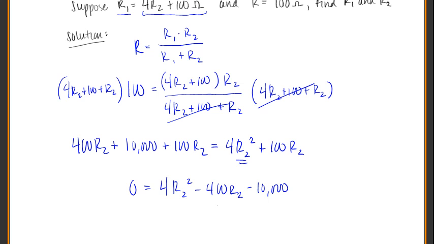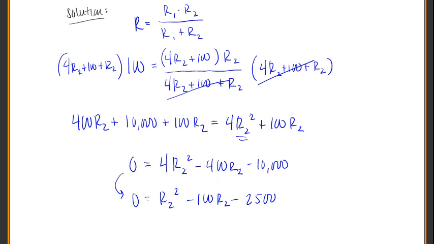Okay, so let's finish solving this out. Let's shrink it down, divide everything through by 4. So we'll get R2 squared minus 100 R2, and then minus a fourth of 10,000 would be 2,500. And then from there, we just have to finish solving it out.